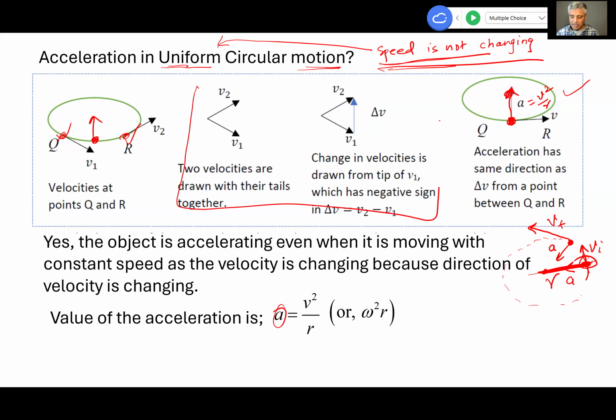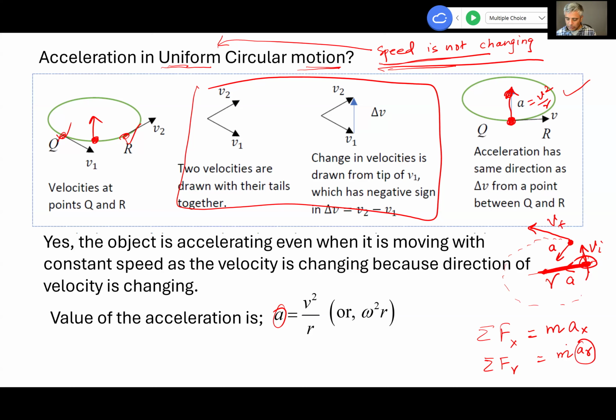Using this method. So now when an object is moving in a circular path, you learn how to find the value and direction of the acceleration. So now you are ready to use Newton's second law. In Newton's second law, what happens? Sum of forces in a particular direction is mass times acceleration in that direction, right? So in this case, sum of force, what do we want? Sum of force in the direction of the radius is equal to mass times acceleration in that direction.